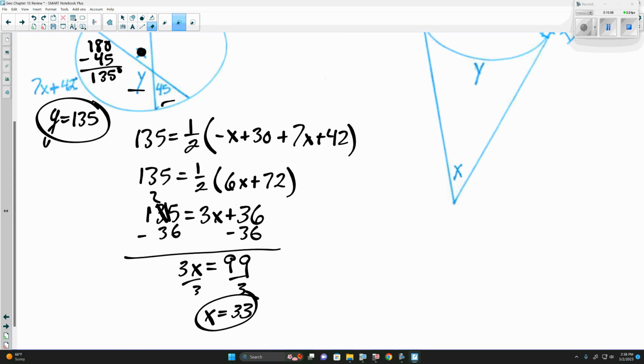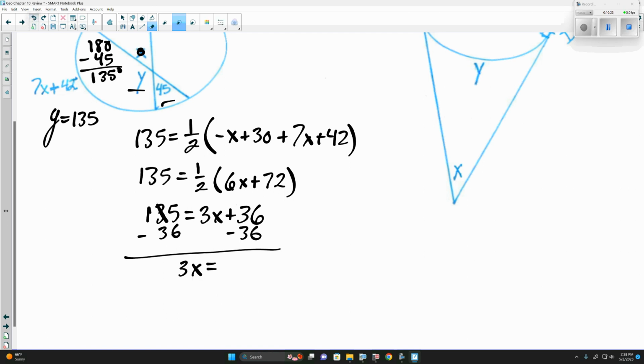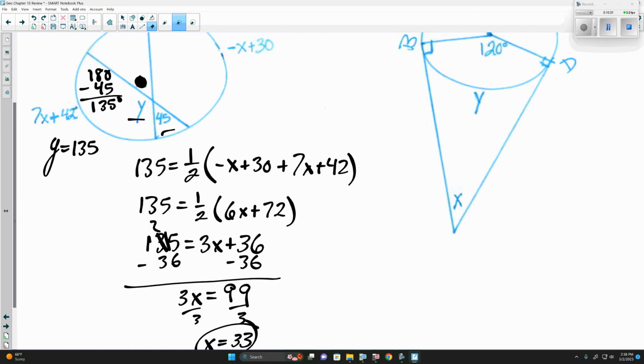Yeah, I mean, this needs to go away. 135 and 33. There's two x's. That's what I was about to say when you were trying to find x. This x here needs to be gone because that's throwing everything off.